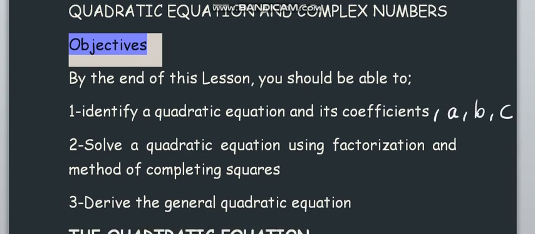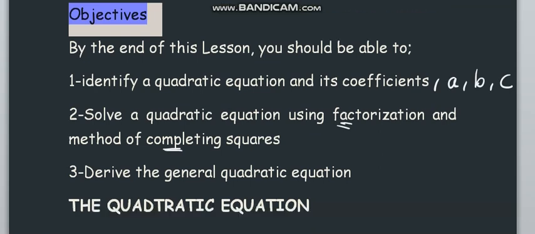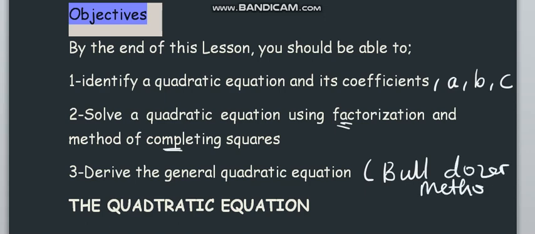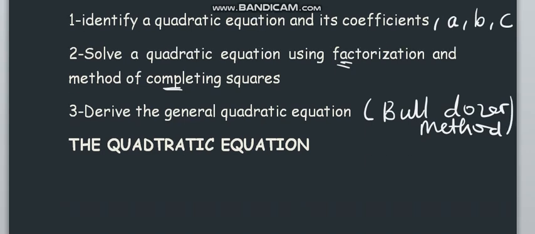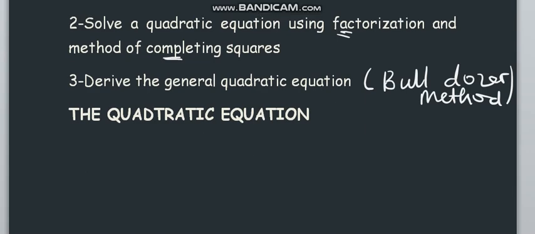Two, you should be able to solve a quadratic equation using the factorization method and the method of completing squares. Three, you should be able to derive the general quadratic formula. Some people call it the bulldozer method. I don't know why you call it a bulldozer, but we shall get there.